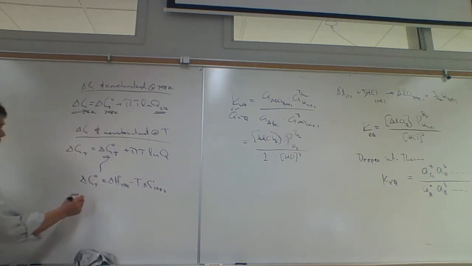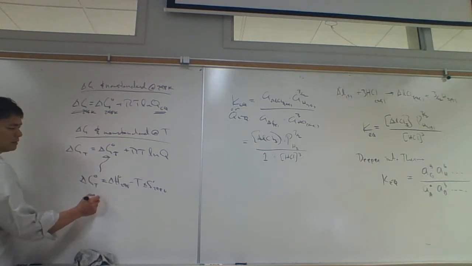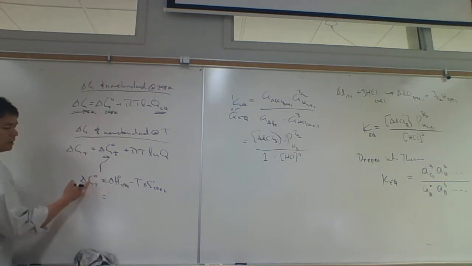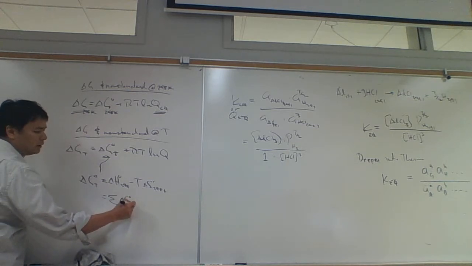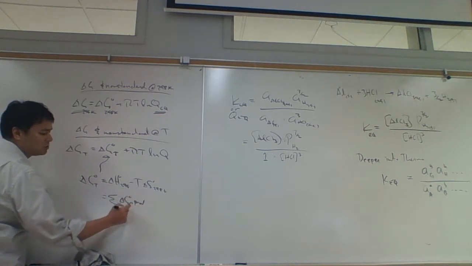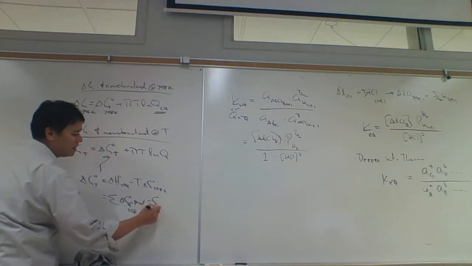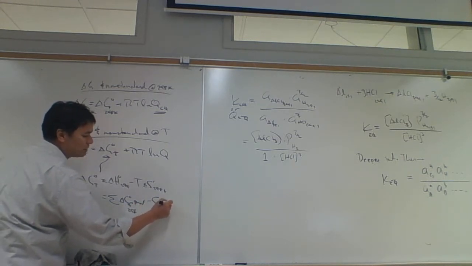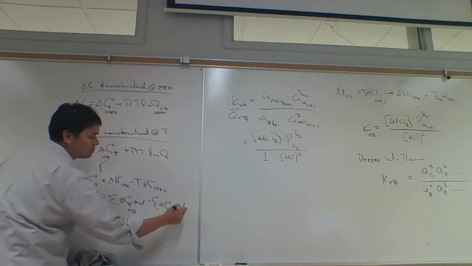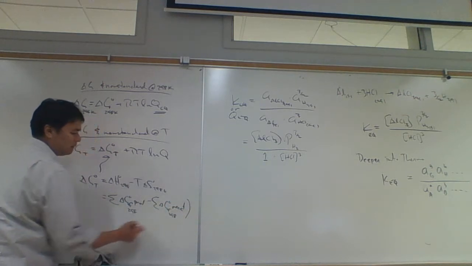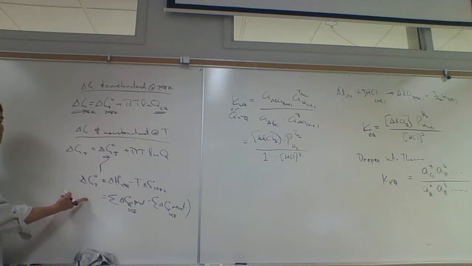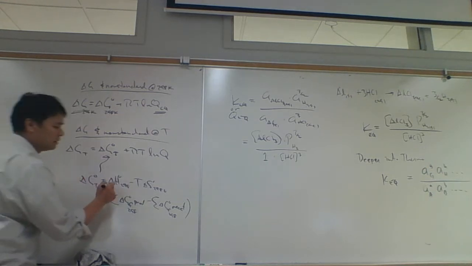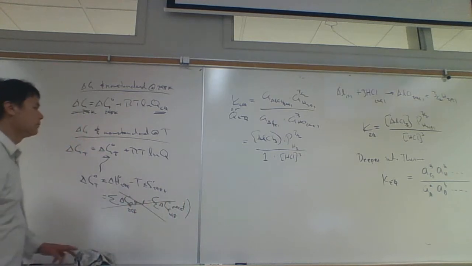But we cannot say that delta G naught at temperature T is equal to the sum of the delta G's of formation of the products at 298 minus the sum of the delta G's of formation of the reactants at 298. Because this will give us delta G naught at 298, which is not the same thing as delta G naught at temperature T. So we have to be careful there.